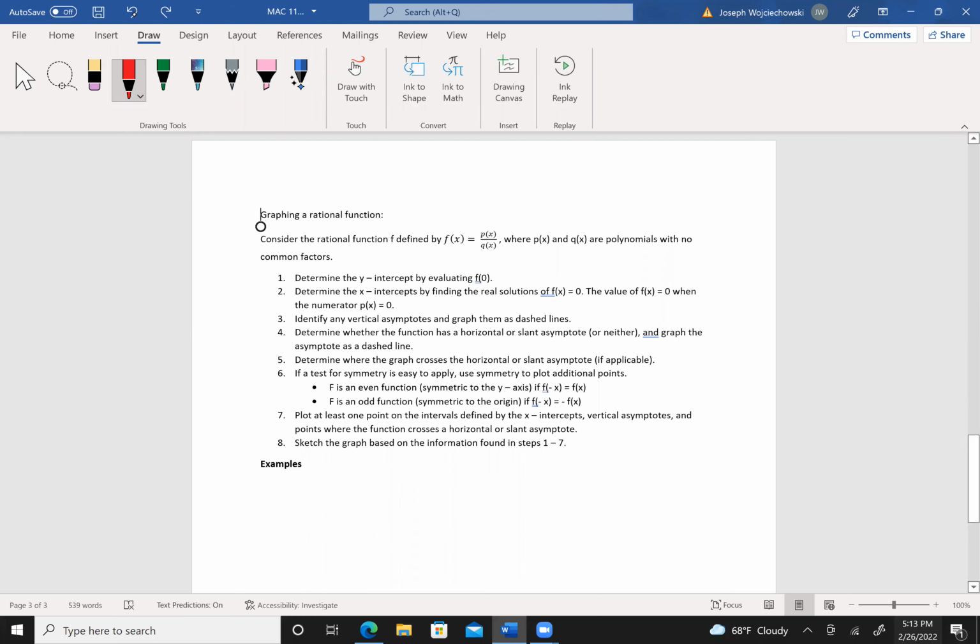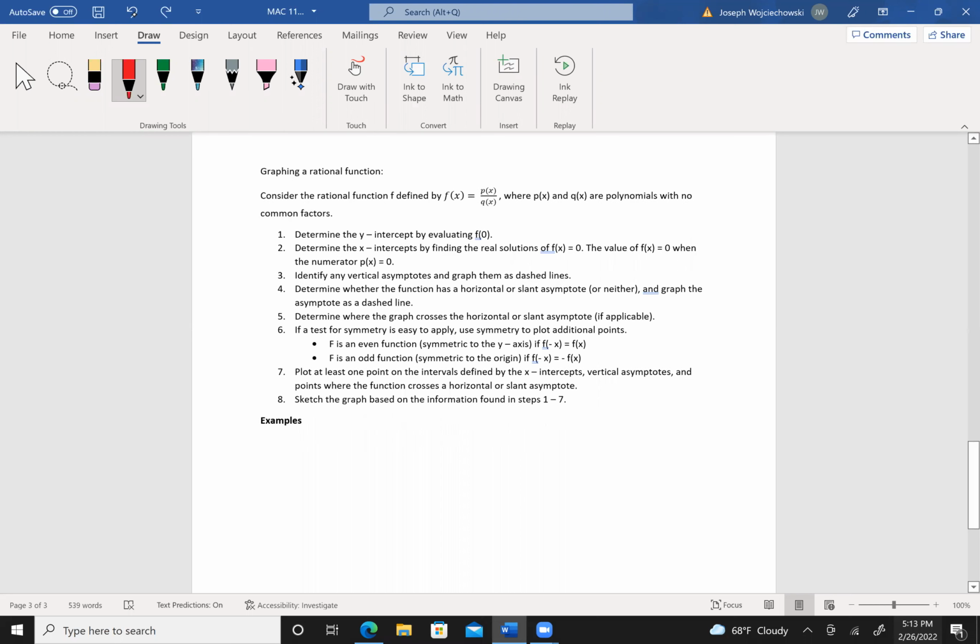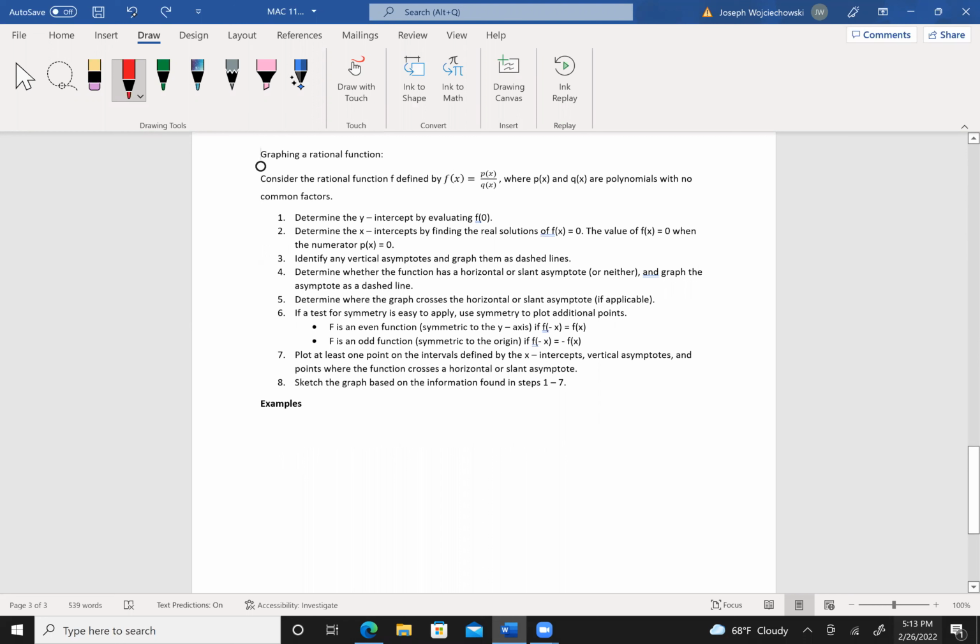So, graphing a rational function. Consider a rational function f, defined by f of x equals p of x over q of x, where p of x and q of x are polynomials with no common factors. So here's the process we need to do. Determine the y-intercept by evaluating f of 0.